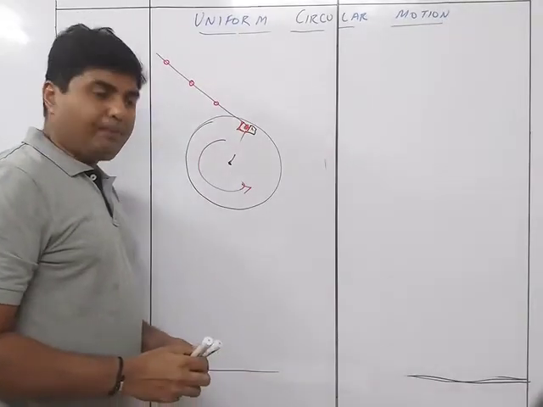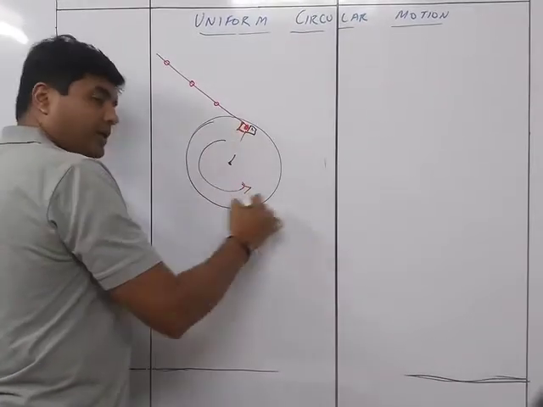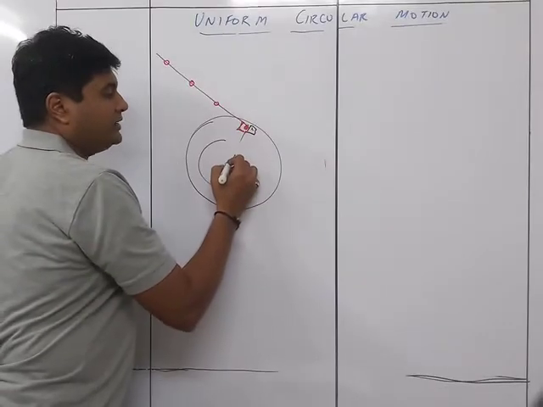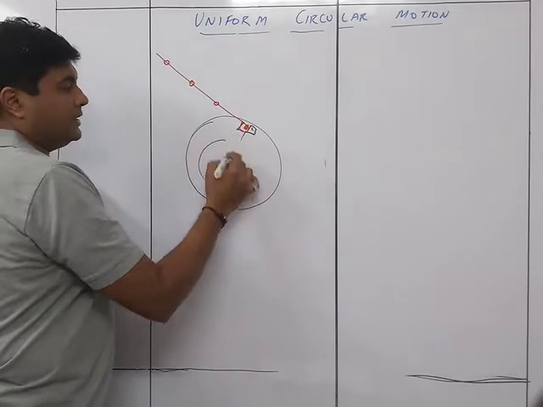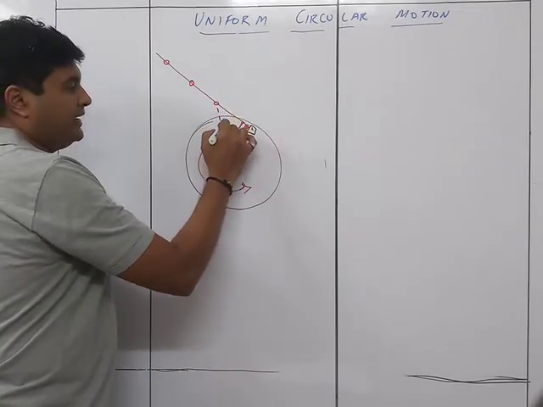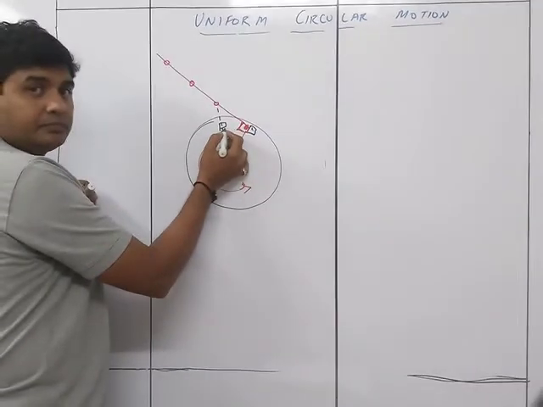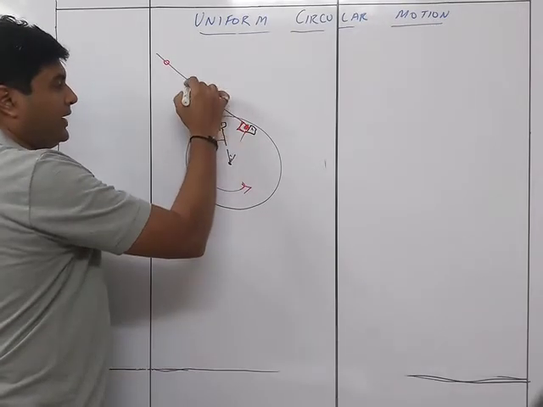But what will happen? The observer will also be revolving over here like this. So when he revolves over here, he is going to reach a point. When the ball reaches here, that observer will be reaching this particular point. From here he will come to here. After that the observer will come to this particular point where he will be able to see this.